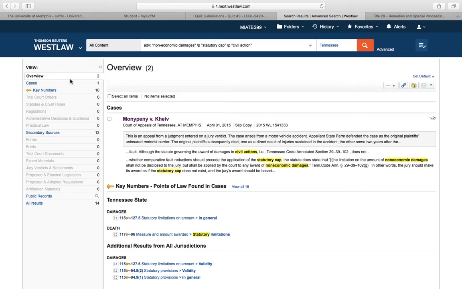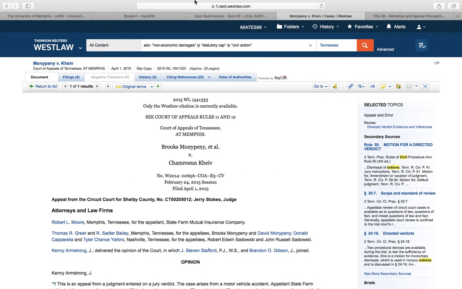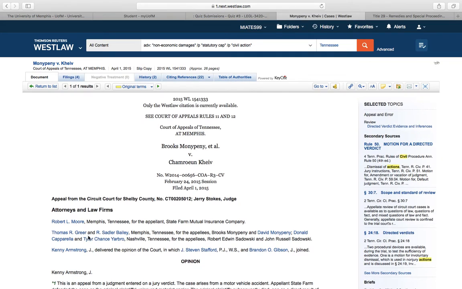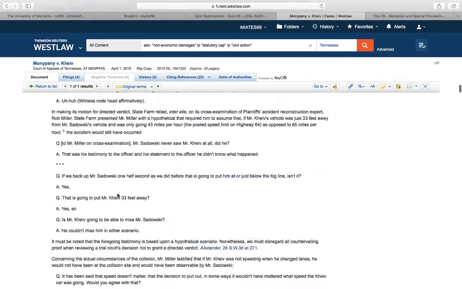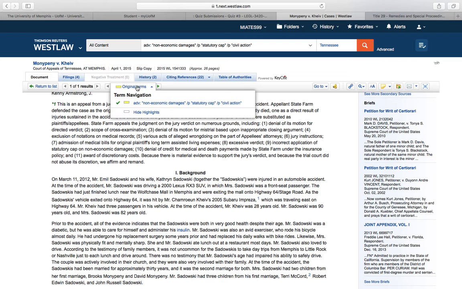It came up with this one case here. This case happened in 2015, but of course it's a case and we're looking for a statute. I don't see any of my highlighted terms.